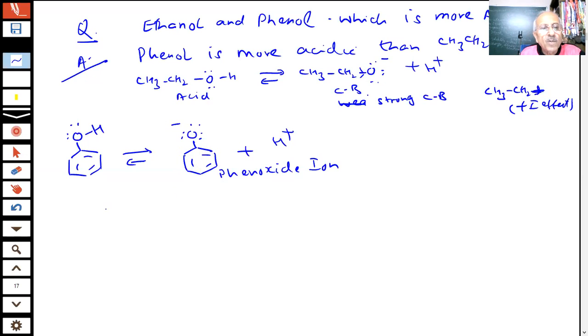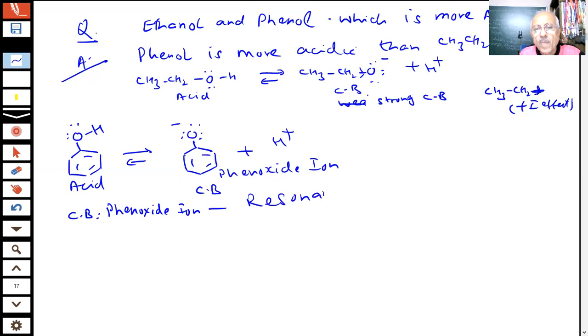Phenoxide ion is a conjugate base. This is my acid. This conjugate base, which is phenoxide ion, is resonance stabilized. What effect is operating?